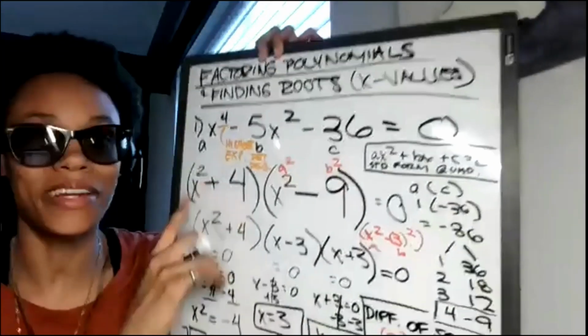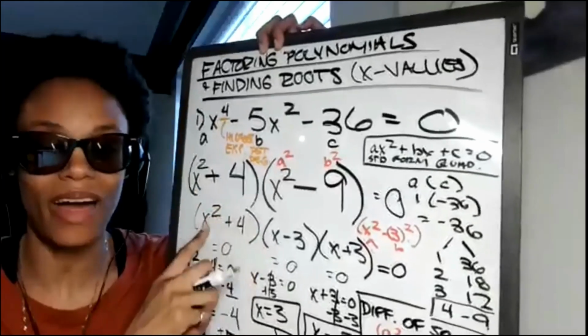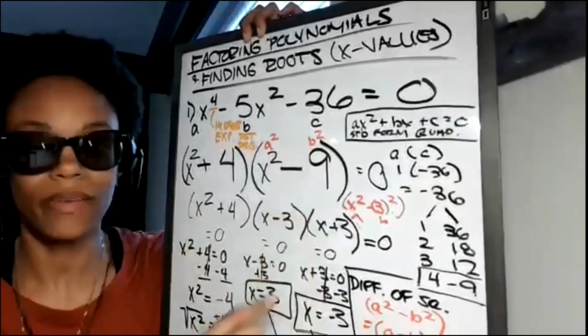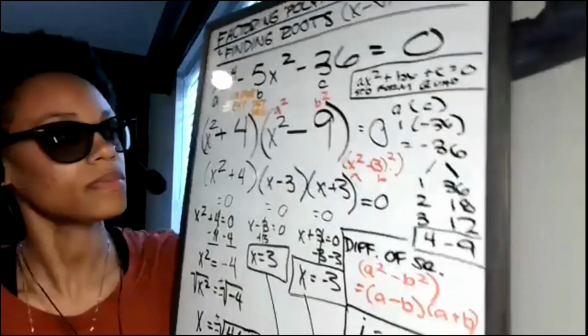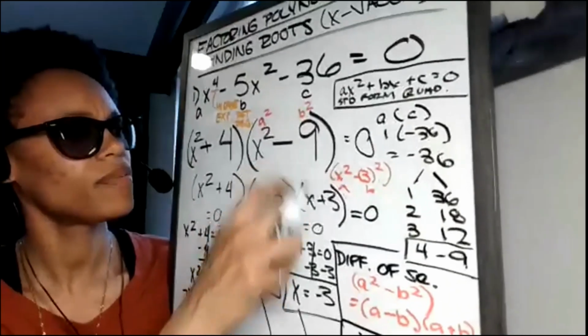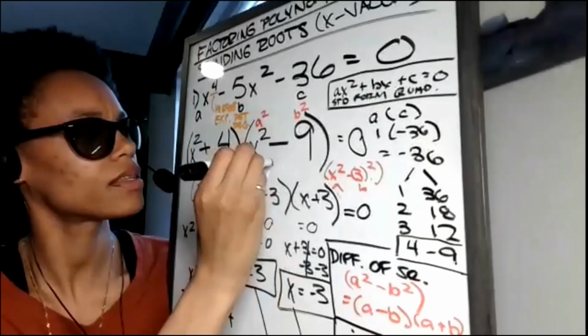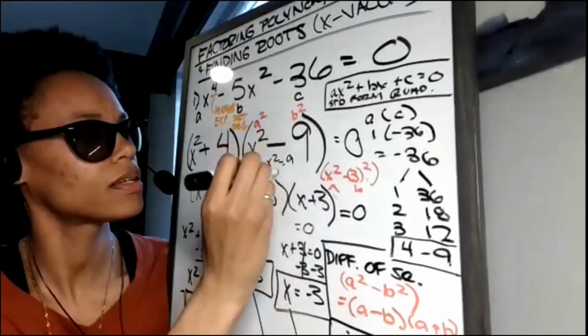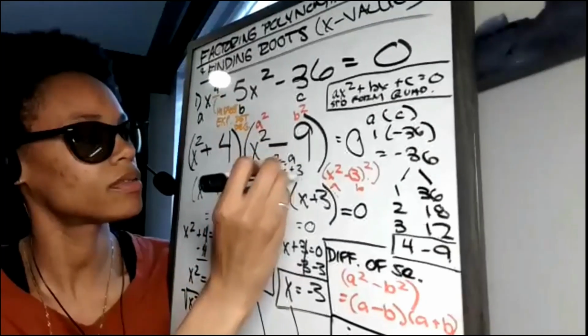Or, hey, I need to stop here. I don't need to go any further factoring. At this point, I could set everything equal to 0. Even if we didn't do this, let's look at that real quick. X squared equals 9, x equals plus or minus 3.